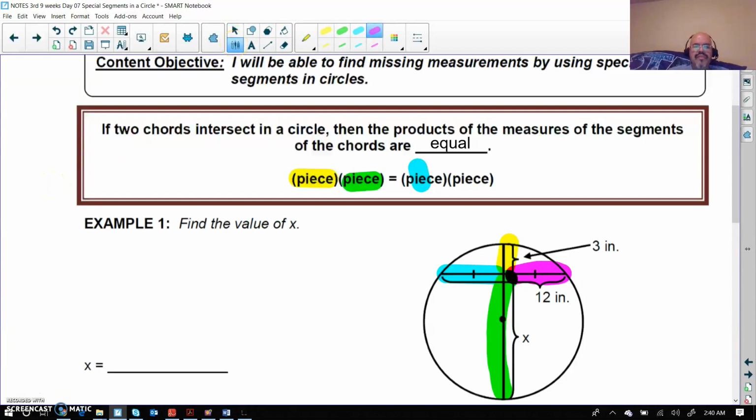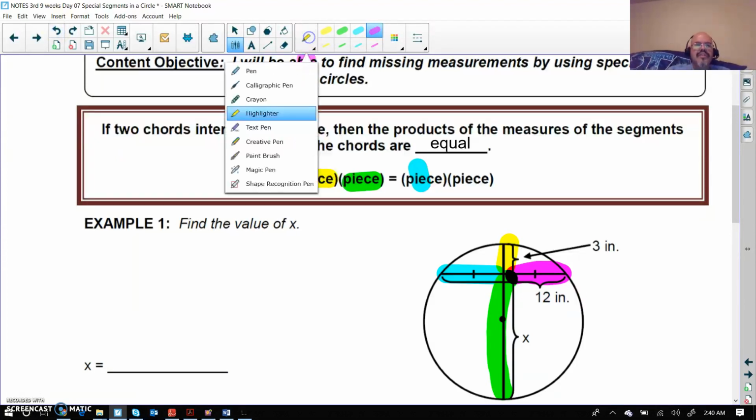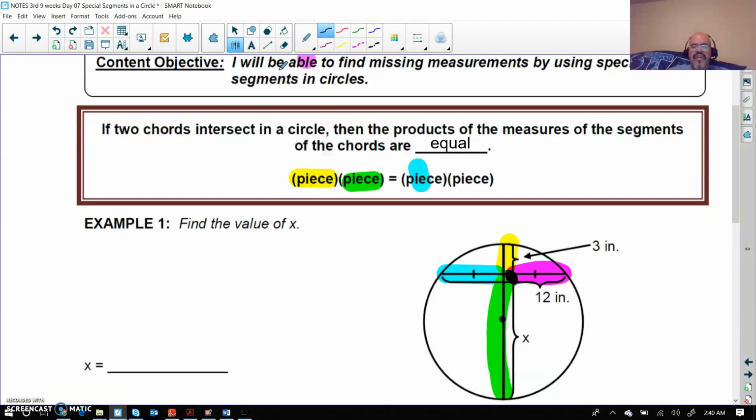So when we're talking about this mathematically, we have that this unit is 12 units, and these two are the same right here, so this is also 12 units. So we have 12, which is our first piece, times 12 is equal to 3 times x.